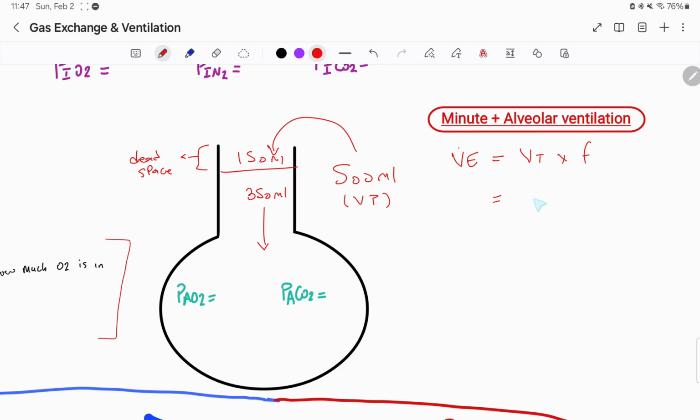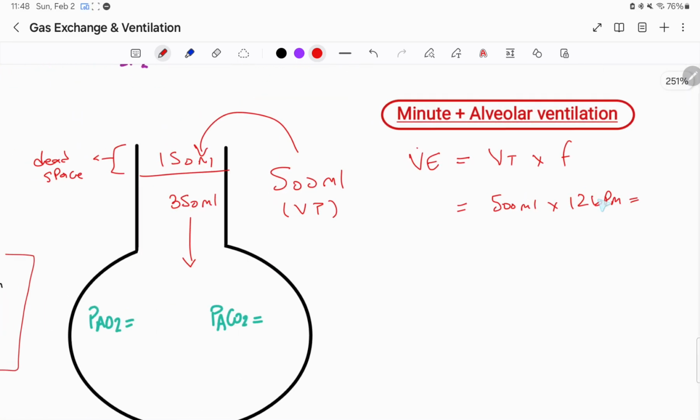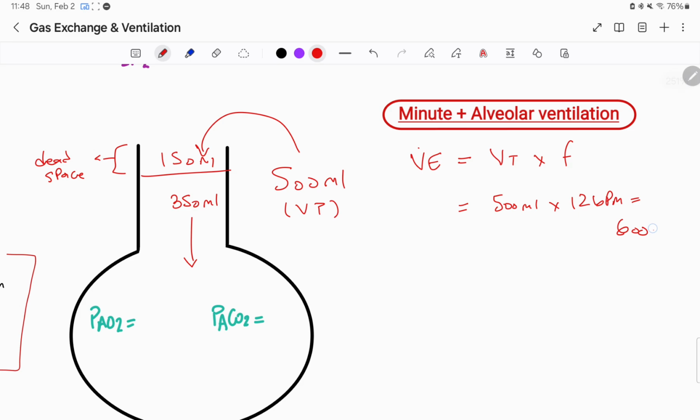Let's take a regular example: 500 mLs of tidal volume multiplied by an average of 12 breaths per minute, and you get around 6,000 milliliters per minute.